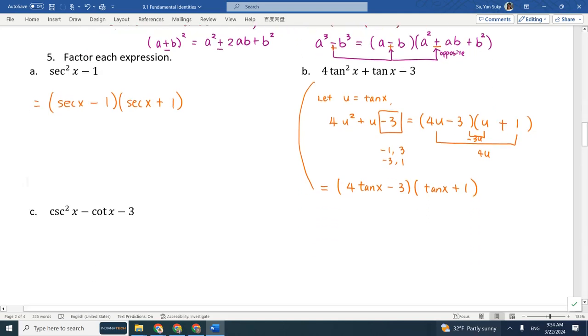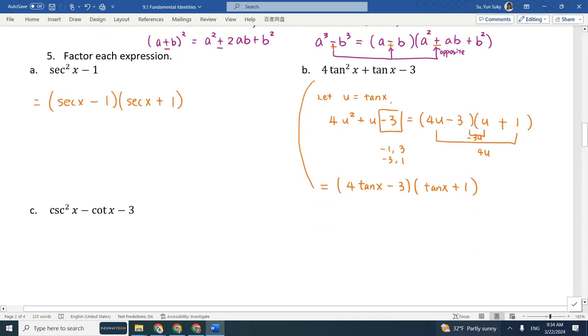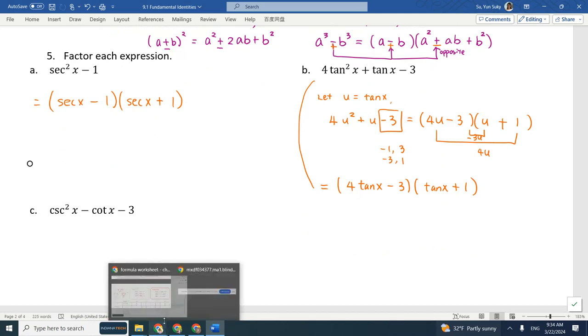Okay, let's continue. For part B, we have all the expressions in terms of tangent. For part C, we have some cotangent and some cosecant. What do we do? Remember, cosecant and cotangent are related. What is the trig identity involving cosecant and cotangent?